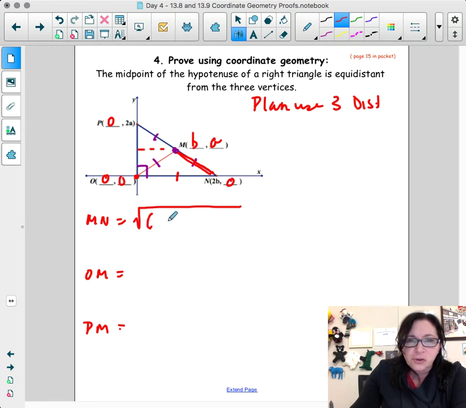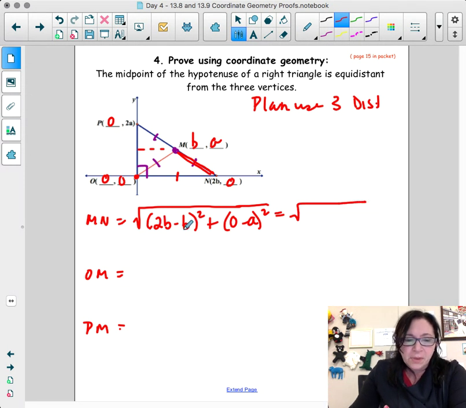I'm going to get 2b minus 1b, quantity squared, plus 0 minus a, quantity squared, is equal to, let's see, 2b minus 1b is b. b squared is b squared, okay? 0 minus a is negative a. Negative a times negative a is a squared. So that gives b squared plus a squared.